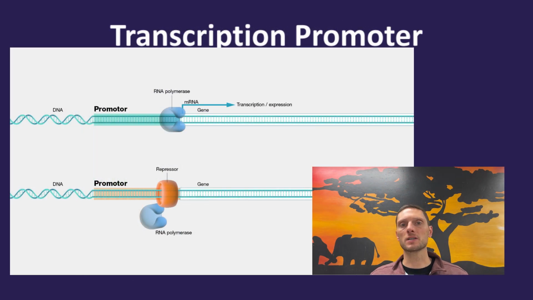A promoter is a section of DNA that initiates gene transcription. It's usually 100 to 1,000 bases, and it's located next to the gene on that chromosome, so the same chromosome, and it allows RNA polymerase to bind with the transcription factors, different proteins that are attached, and there's different types of transcription factors.